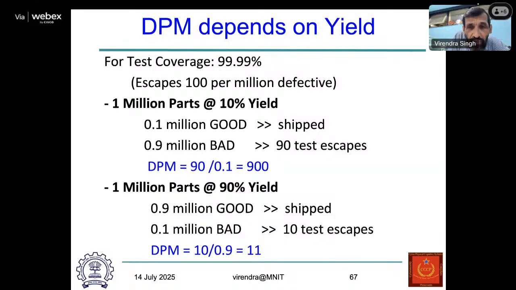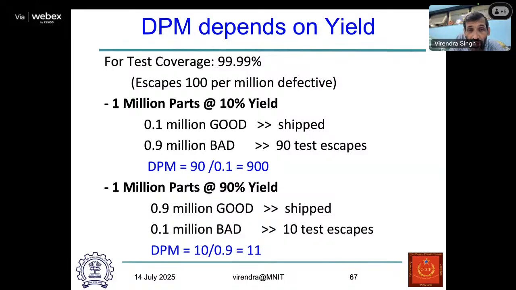Good chips we are shipping anyway, but out of these 9 lakh bad chips, what we get is 90, because my test coverage is 99.99%. That means 99.99% of chips we can identify correctly, but 0.01% we cannot. Those are incorrectly classified as good chips, and therefore out of 9 lakh I can get 90 bad chips that we can ship to the customer.